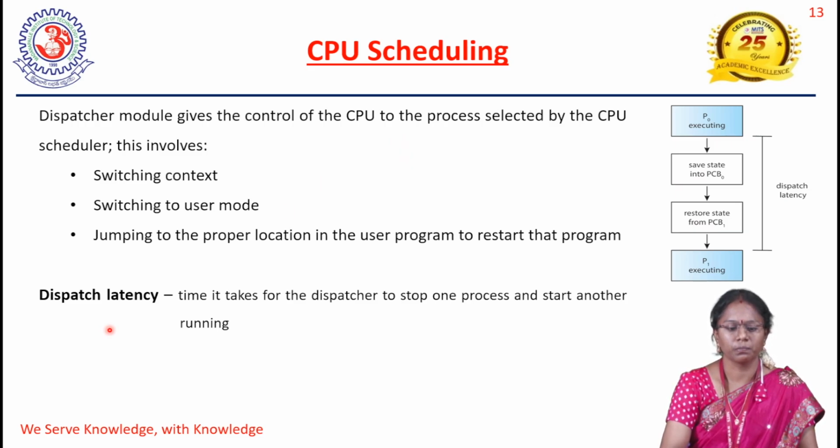What do you mean by dispatch latency? It is the time taken for the dispatcher to stop one process and start another running process. How much time it takes to stop one process and give the CPU to another process is the dispatch latency.